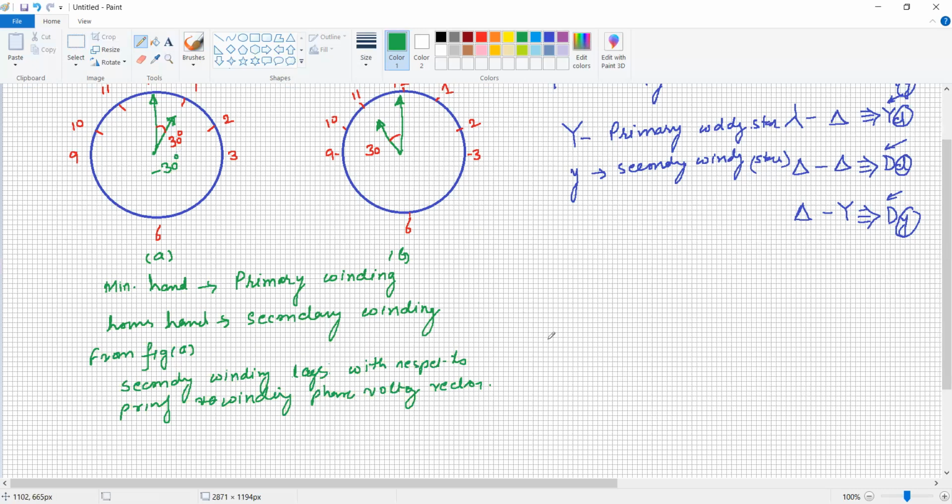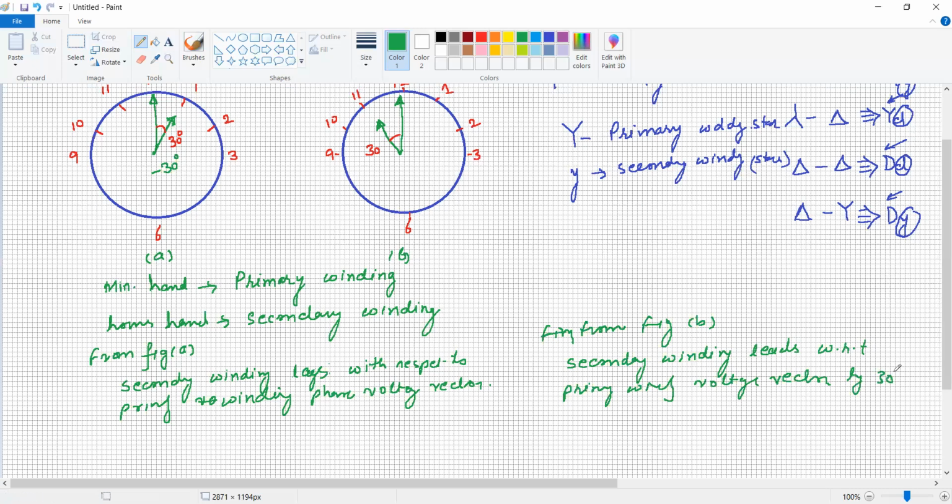Similarly, from figure B, secondary winding leads with respect to primary winding voltage vector by 30 degree.